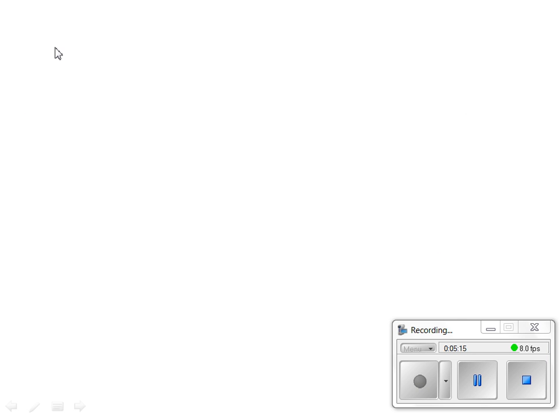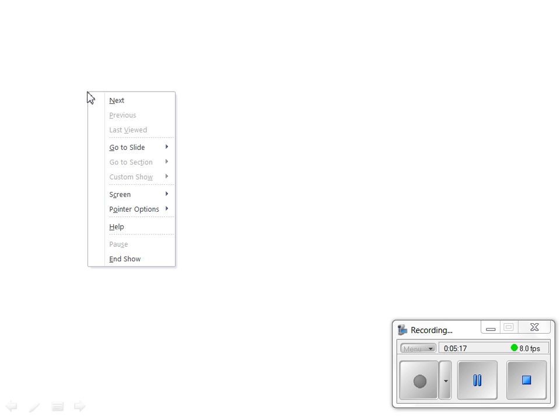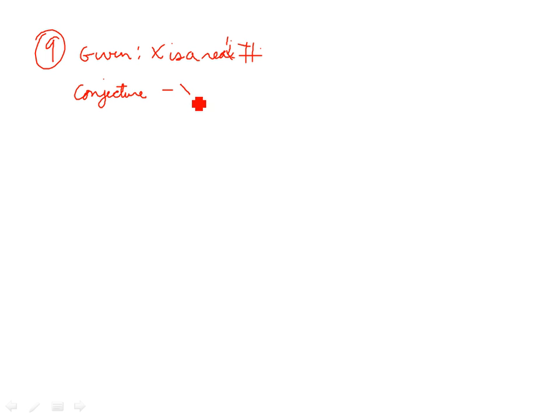Number 9. Says we're given x is a real number. Real numbers are all the numbers that you know up to this point in your mathematical career, and the conjecture is that negative x will always be less than 0.